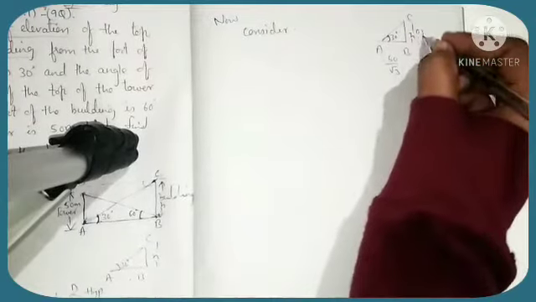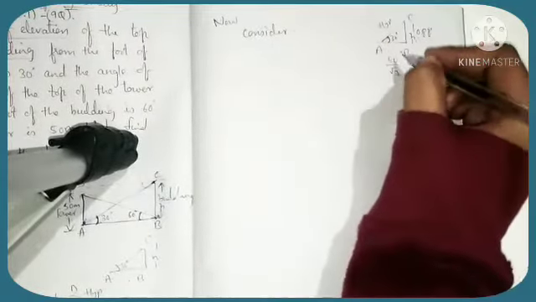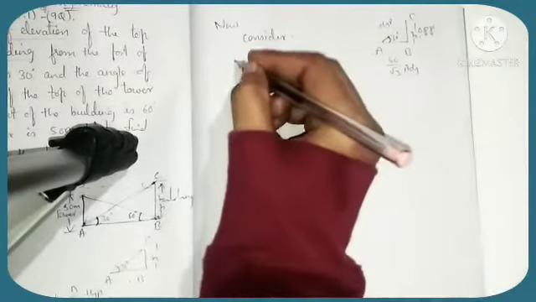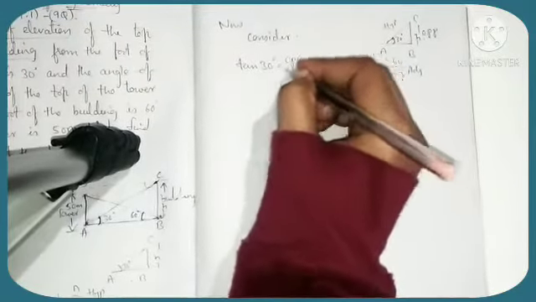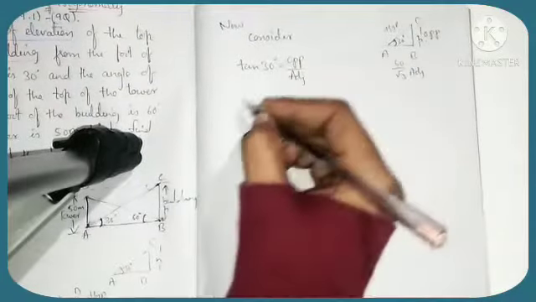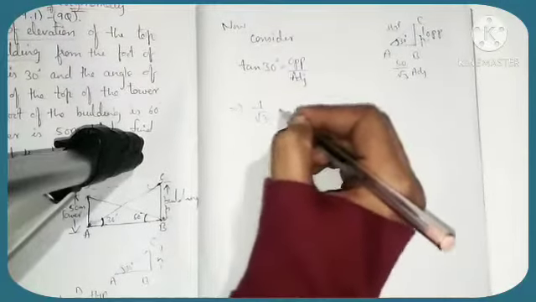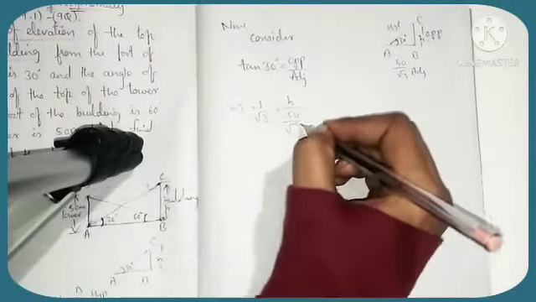Acute angle is opposite, and this is longest side, hypotenuse. The remaining side will be adjacent. So again we have to take O by A. That means tan 30 degrees equals to opposite by adjacent. Tan 30 means 1 by root 3. Opposite value is h, we have to find. AB is 50 by root 3.